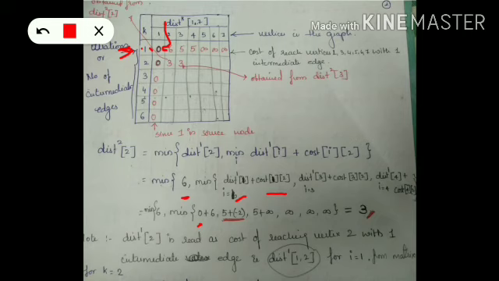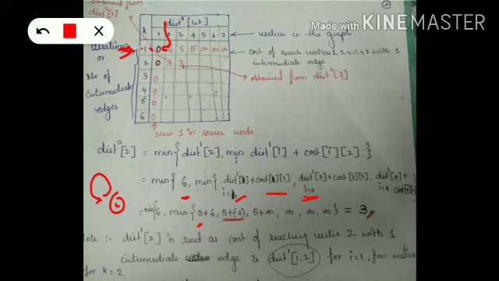So for the second time, now i's value will become equal to 3. i's value will not become equal to 2 because I don't have a cycle from 2 to 2. I'm trying to find the distance of reaching vertex 2 from vertex 1, and I will not try to find a shortest path which has a cycle in it. So therefore, I eliminate i equal to 2. So now i is equal to 3.